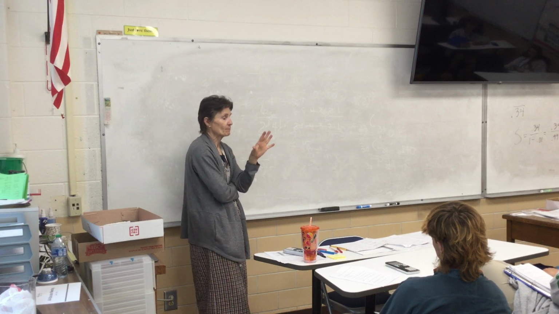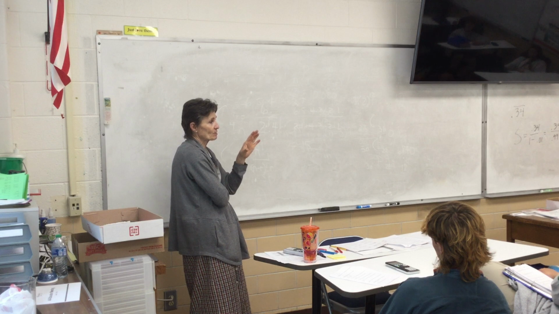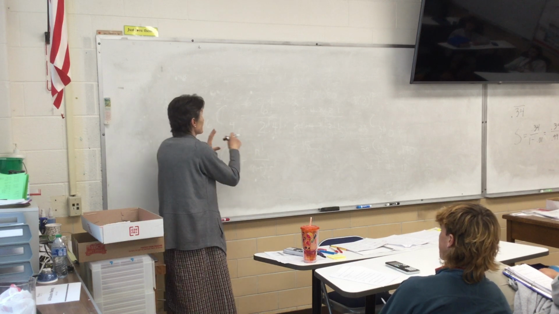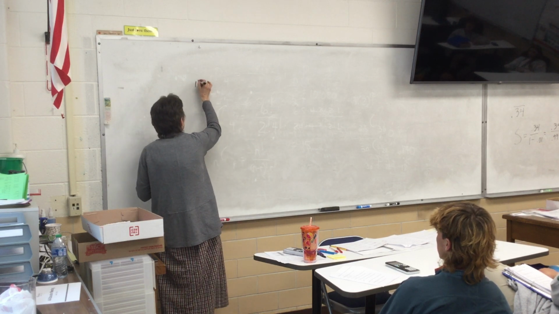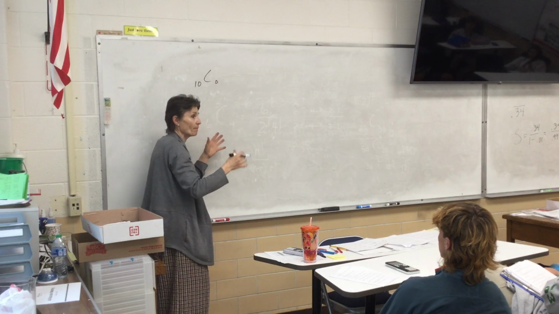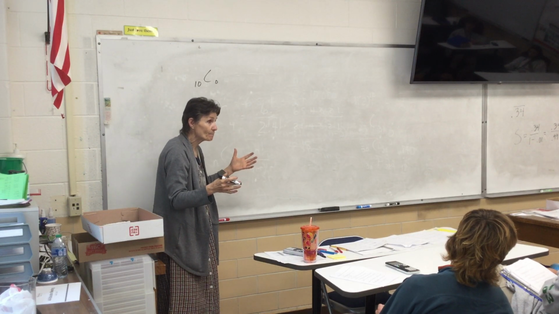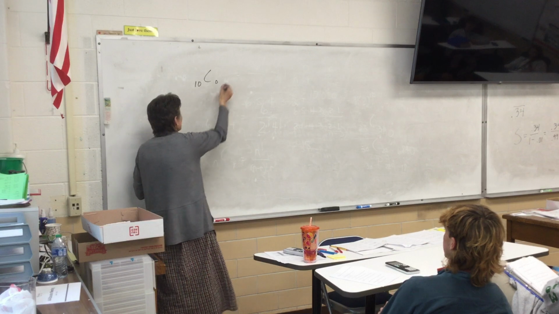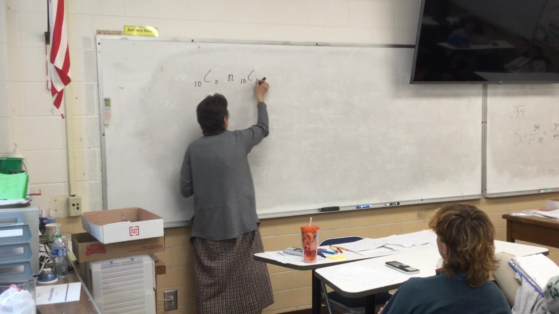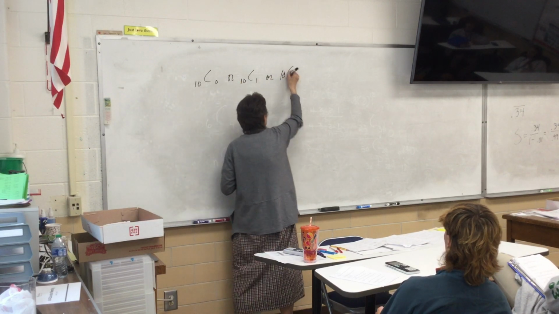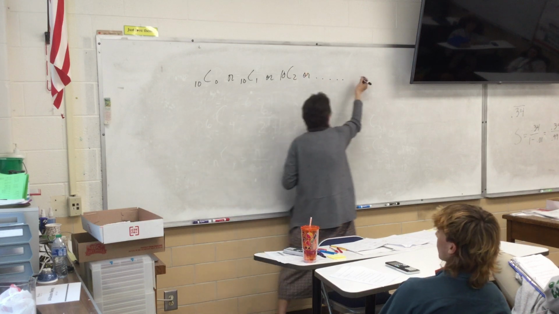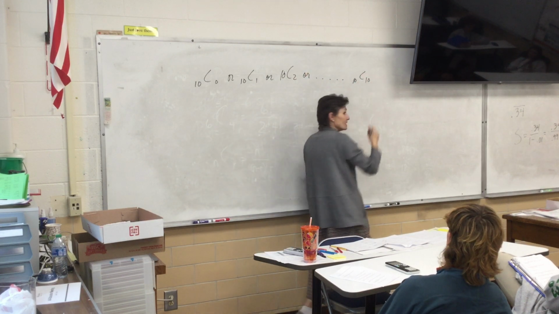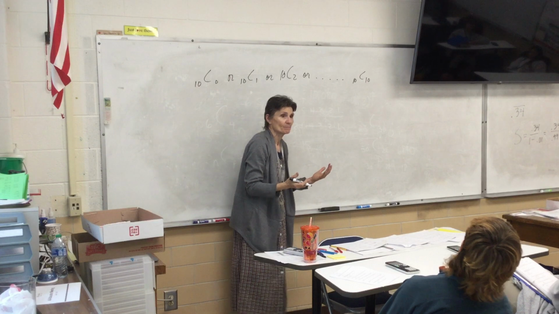We're gonna discover something here in a minute. Including none means 10C0, right? There's 10 toppings, but I'm not ordering any of them. Or 10C1, or 10C2, or all the way up to 10C10. Isn't that what this problem is saying?